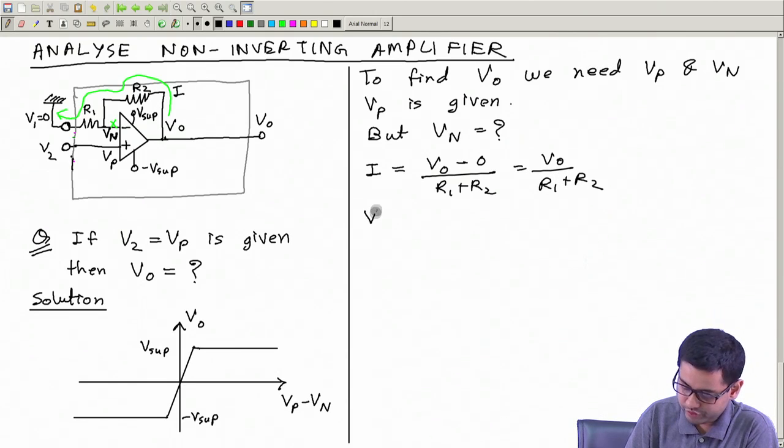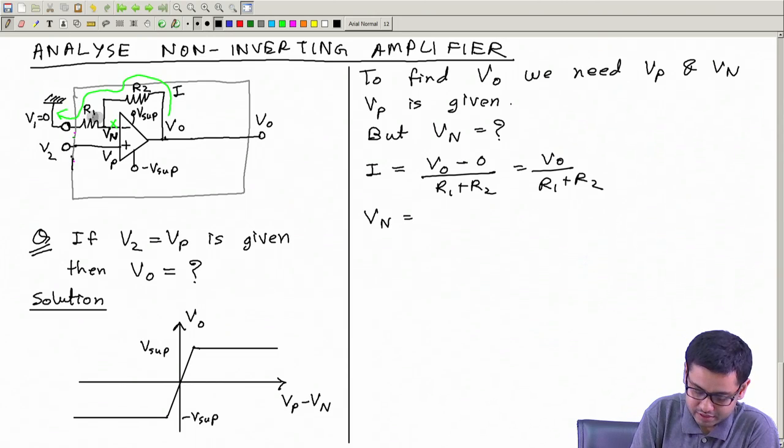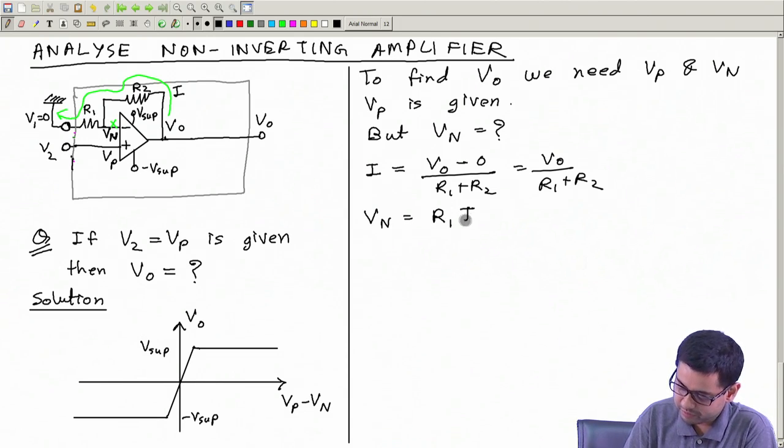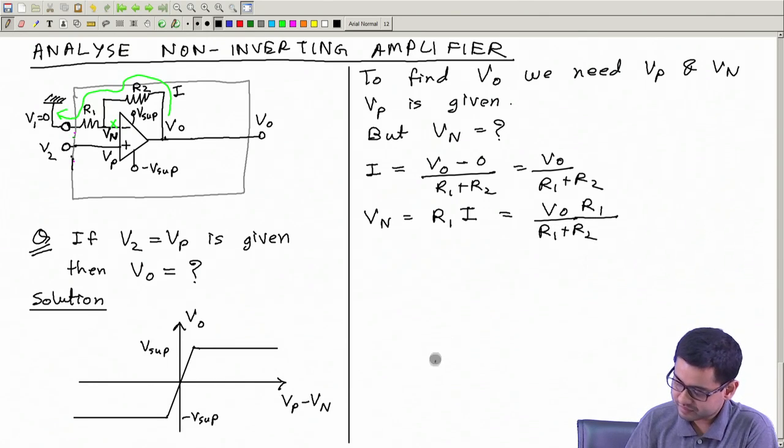And therefore now Vn, by potential divider rule, is R1 multiplied by I. So this is Vo by R1 plus R2 multiplied by R1. Okay, so this is Vn.